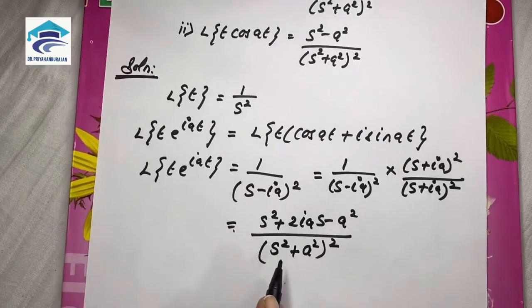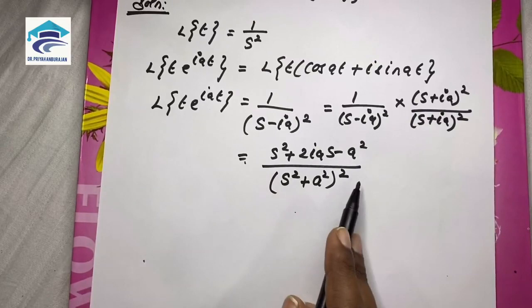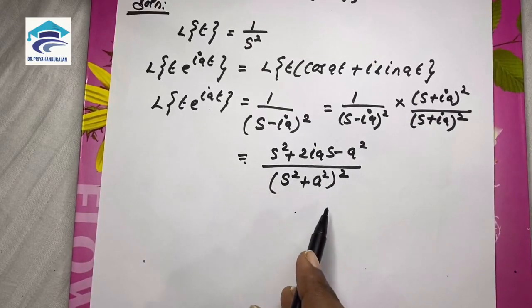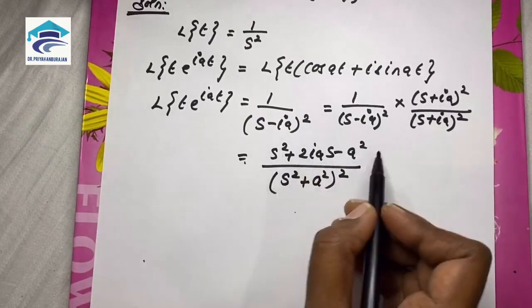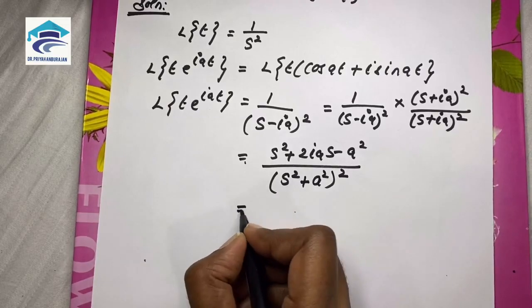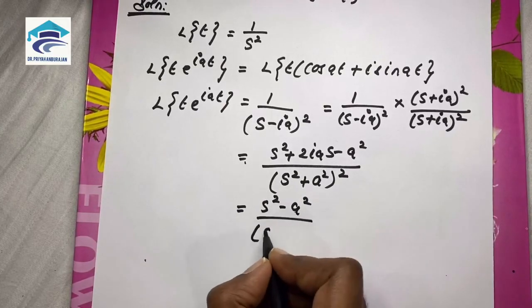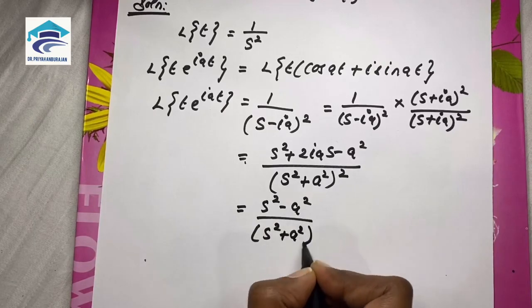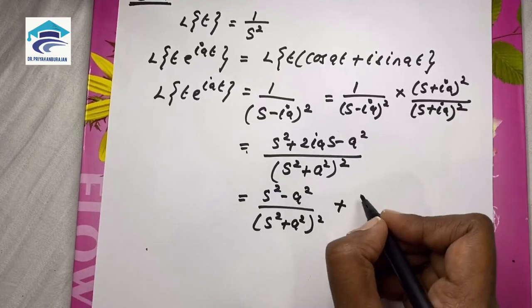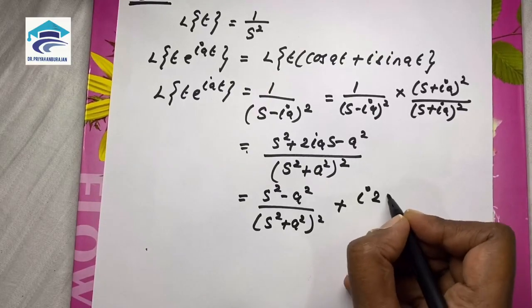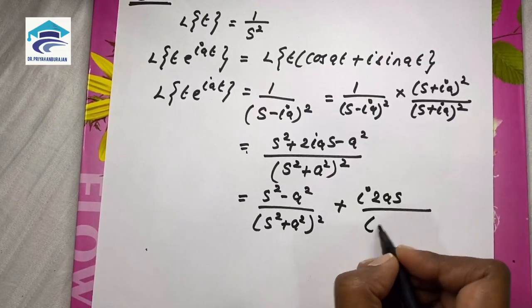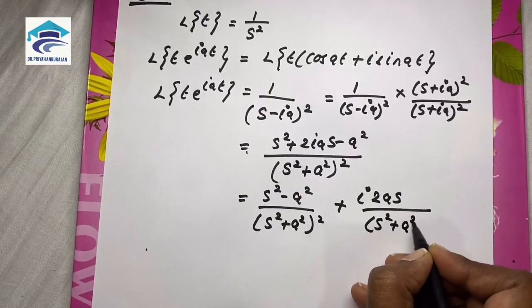So now there is no i in the denominator, and I can separate the real and imaginary part. So I can write it as (s squared minus a squared) by (s squared plus a squared) the whole square plus i into 2as by (s squared plus a squared) the whole square.